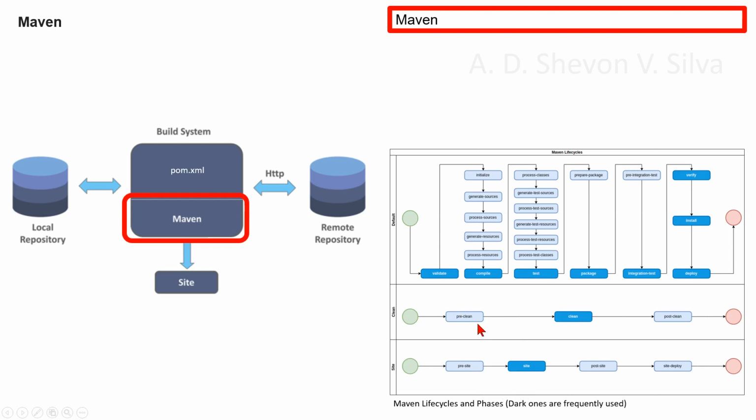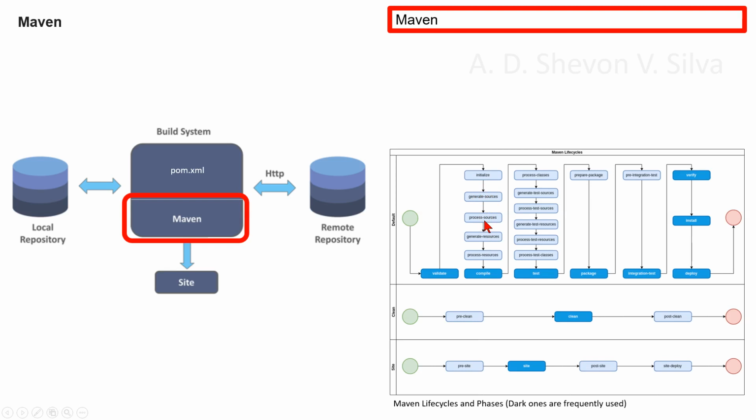So here you can see in the clean life cycle, pre-clean is connected to clean, and clean is connected to post-clean. In the default life cycle, validate is connected to initialize, initialize is connected to generate sources, generate sources is connected to process sources.